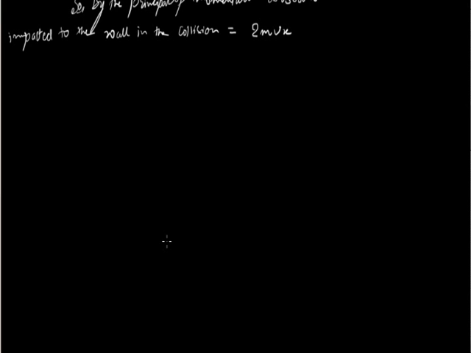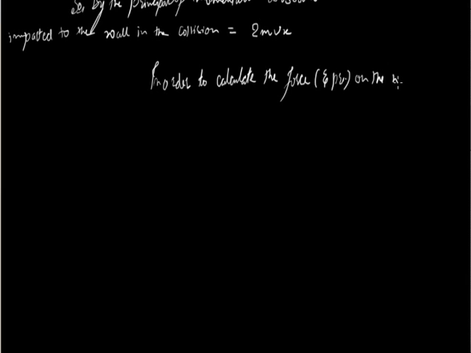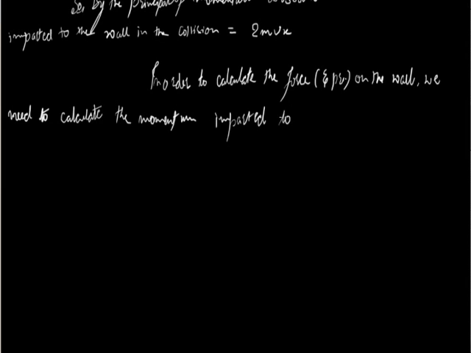In a small time interval del t, a molecule with x component of velocity vx will hit the wall if it is within the distance vx del t from the wall. So in order to calculate the force and pressure on the wall, we need to calculate the momentum imparted to the wall per unit time.